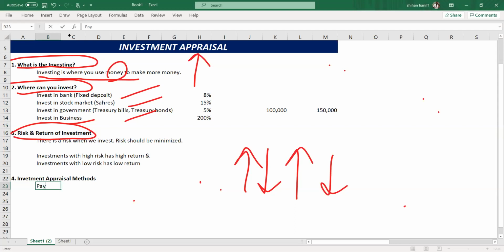We will learn payback period, right? Then investment rate of return, right? There are 4 methods. Then net present value.